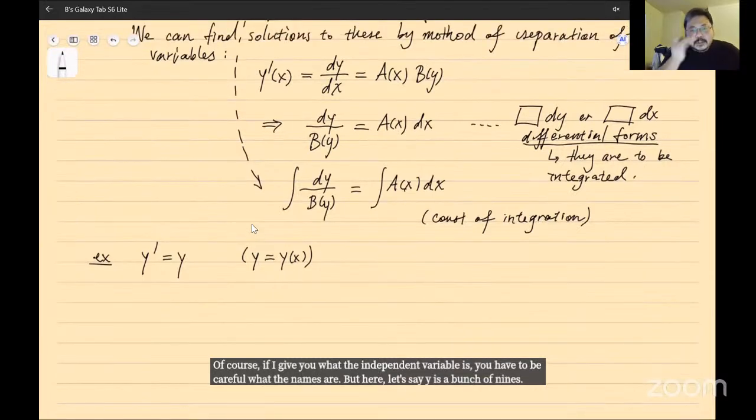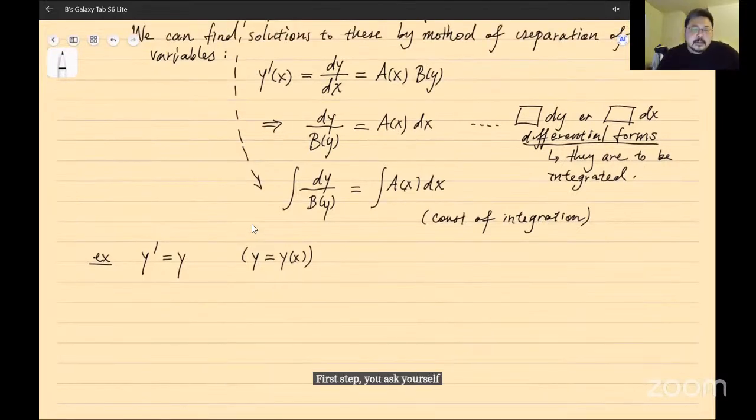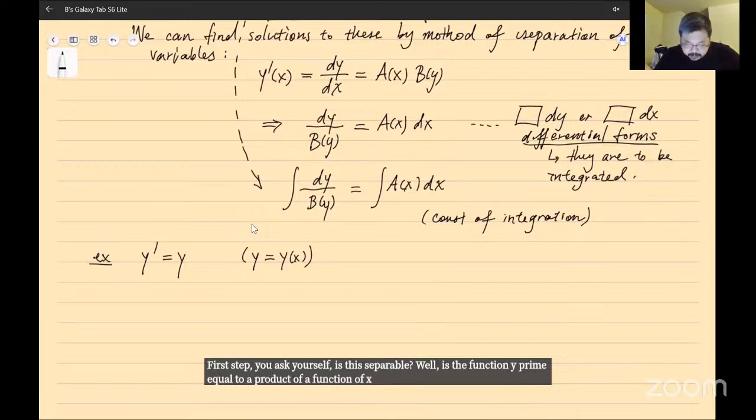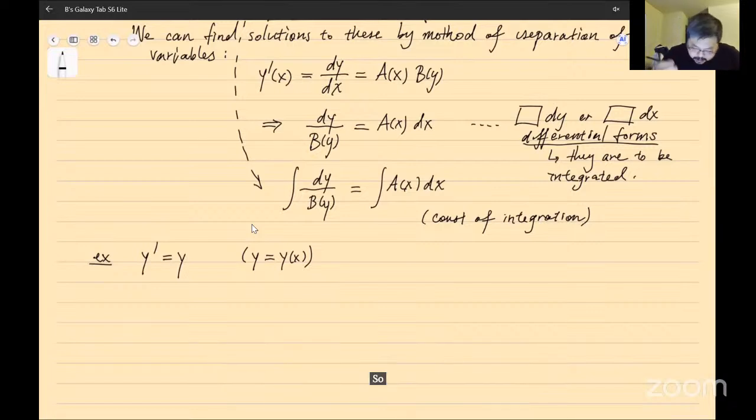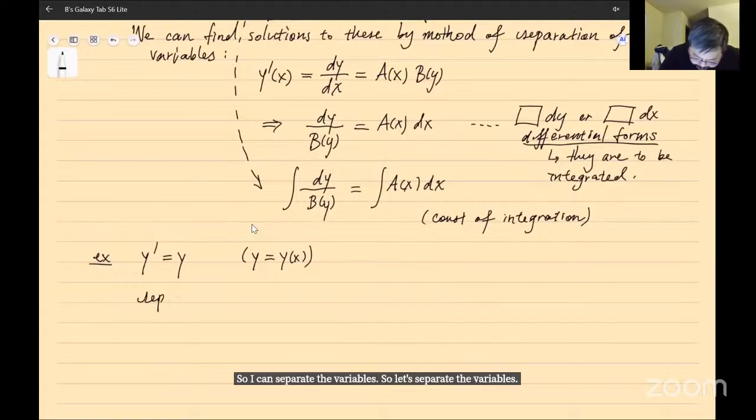First step, you ask yourself, is this separable? Well, is y prime equal to a product of a function of x and a function of y? Yes, the function of x is just 1, and the function of y is just y. So I can separate the variables, and we say that this is a separable equation.